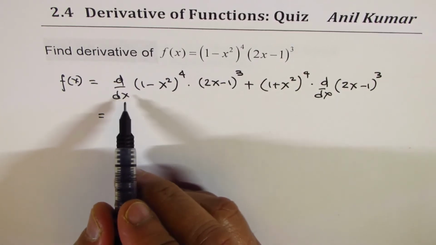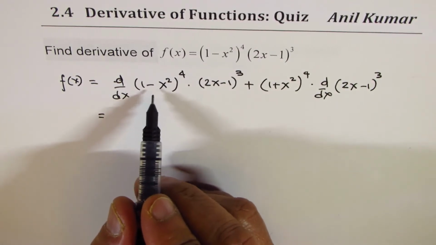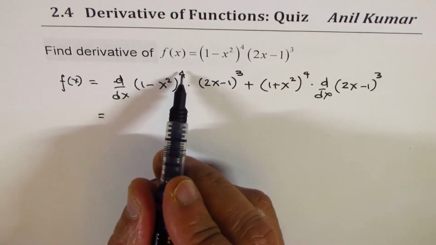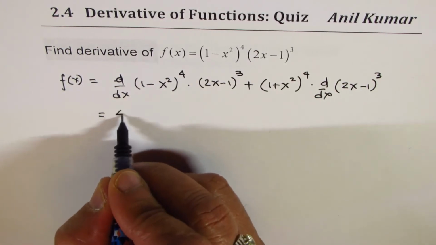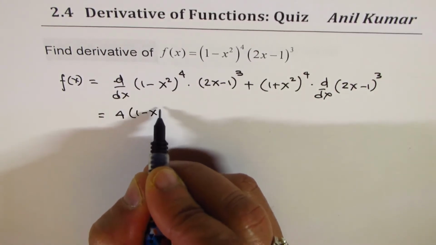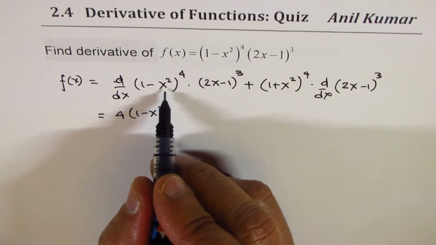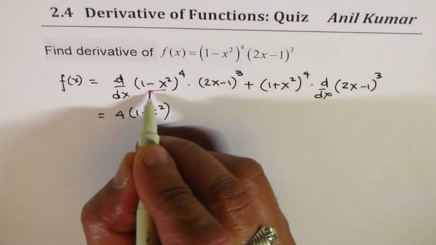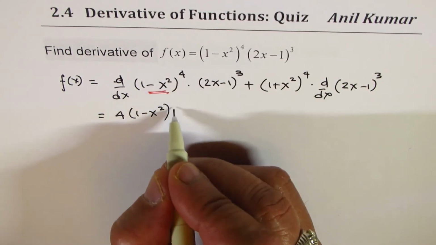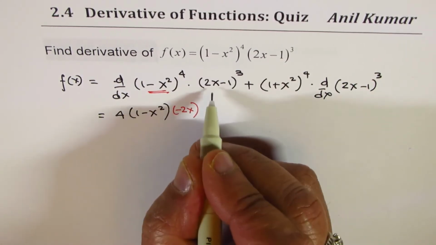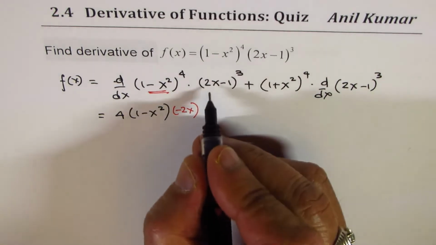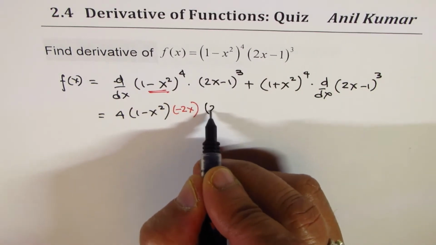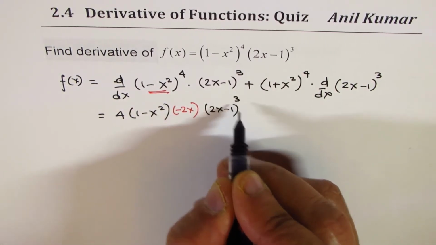Now, here we'll apply the power function rule. So the derivative will be 4 times this function, which is 4 times 1 minus x squared times the derivative of the inside function. So we have to multiply by the derivative of the inside function, which is minus 2x. And then we'll multiply by the rest of the terms, which is 2x minus 1 whole cube.